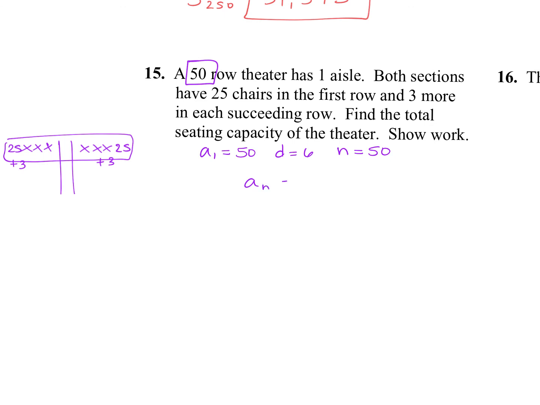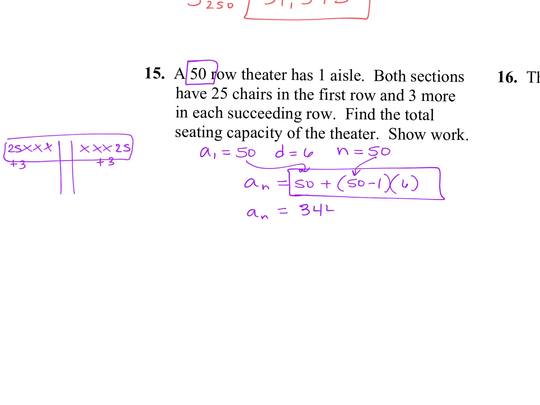So a sub n equals our first term, 50, plus n minus 1 times the common difference, times 6. So plug that in. If you plug this all into your calculator, you will get a sub n equals 344. So if we're trying to find the total seating capacity, we're trying to find the sum, right?